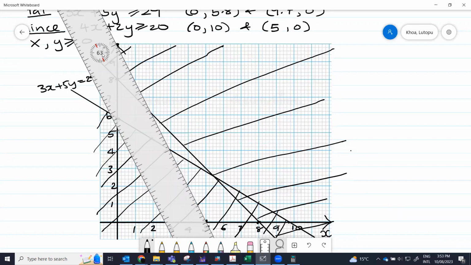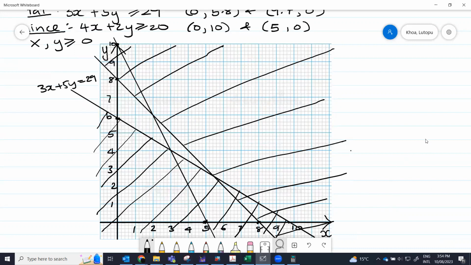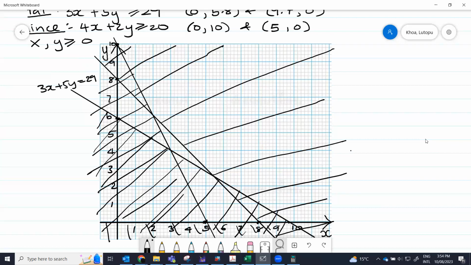Okay, something like that. So you need to decide, are you shading this side or that side? Again, the origin 0, 0. Is that greater than? No. So this part here is shaded out. Then your non-negative constraints are already shaded out, and this is your feasible region.